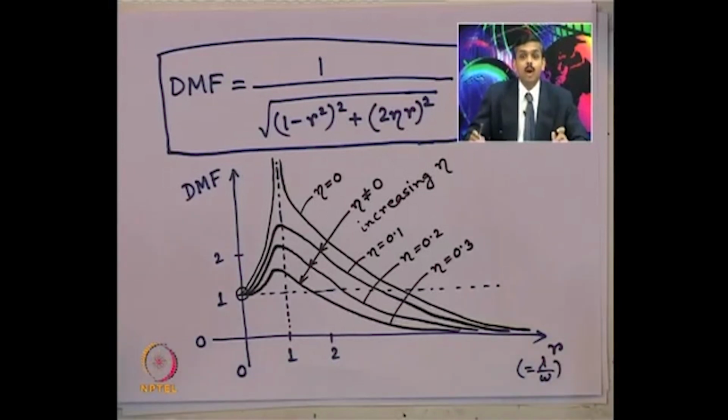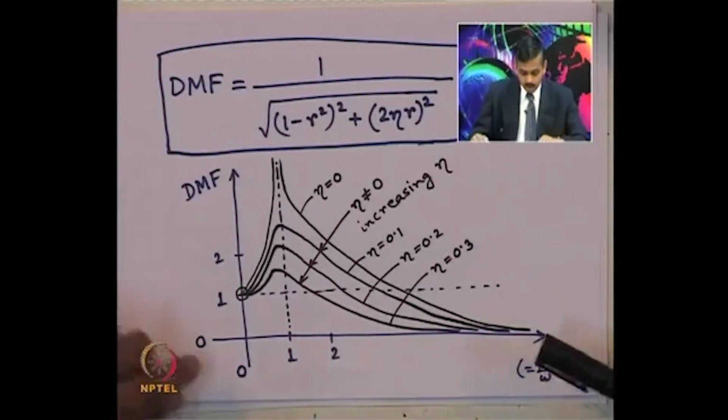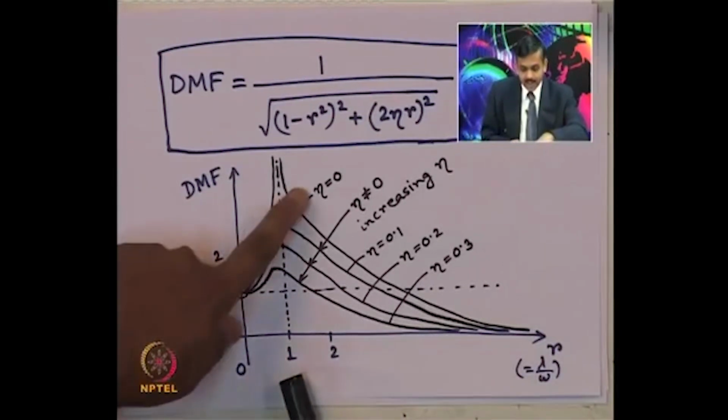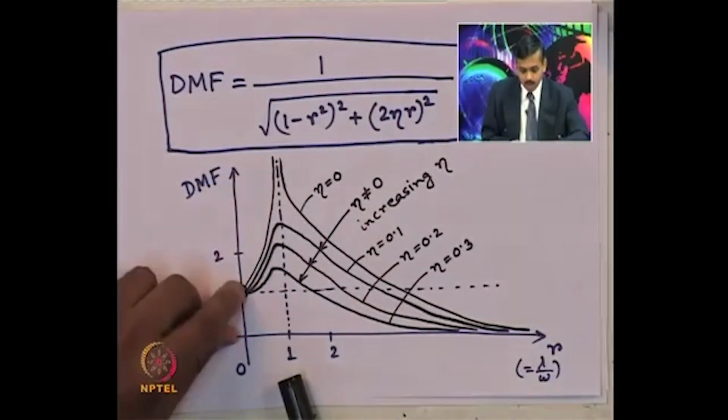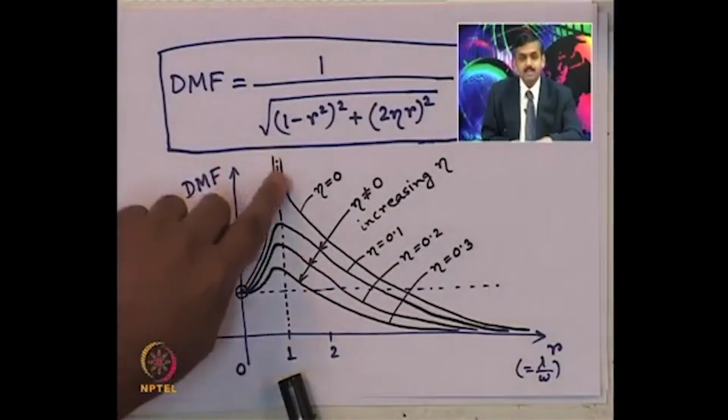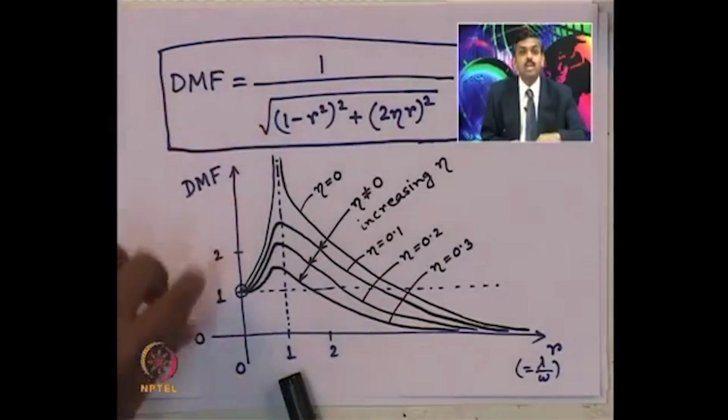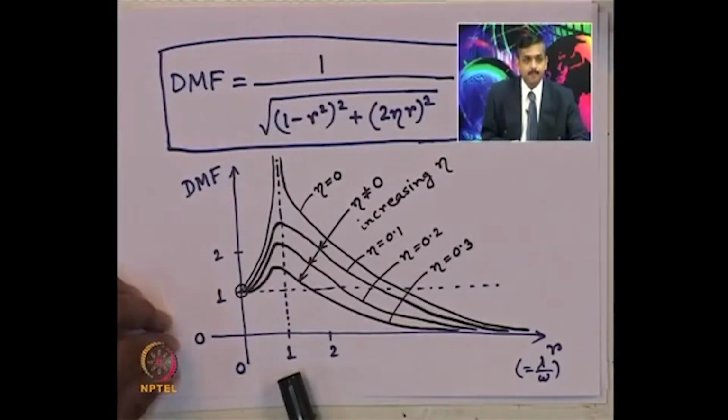So, when r equals 1, that means lambda equals omega, externally applied frequency equals the natural frequency of the system. As a layman, what we know is that when the applied external frequency matches the natural frequency of the system, resonance occurs. So, that is why when eta equals 0, we got DMF as maximum, or it goes to infinity actually.